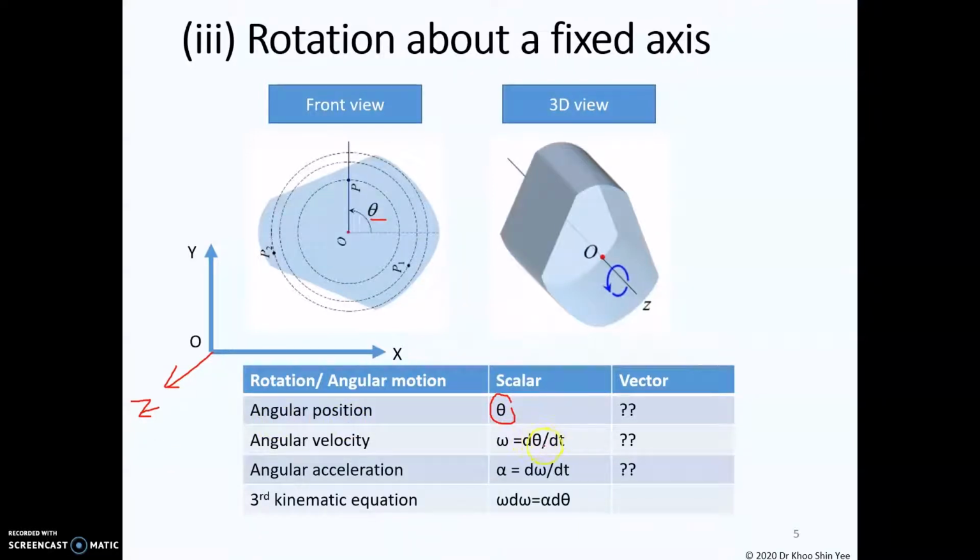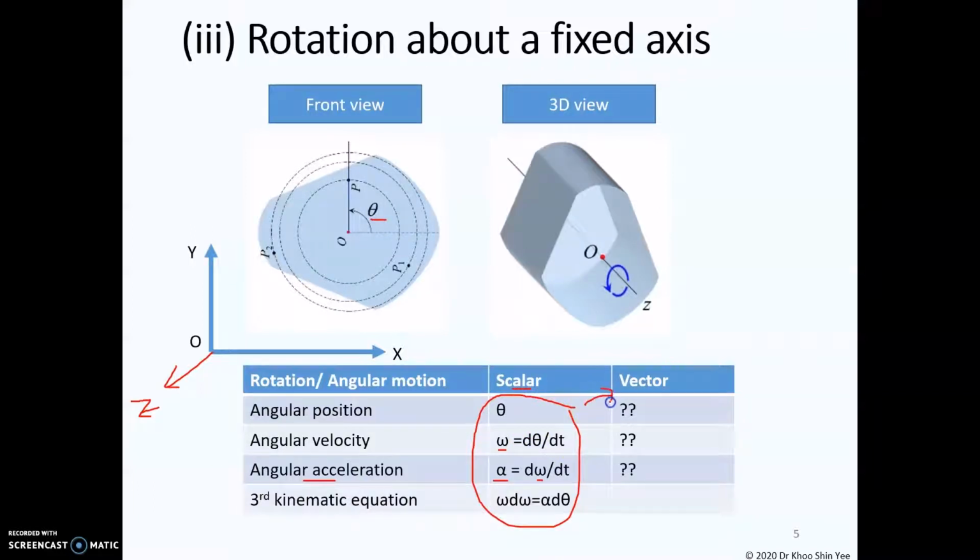Differentiate theta with respect to time, you obtain omega, which is the angular velocity. Then you differentiate the angular velocity with respect to time, you obtain alpha, which is the angular acceleration. So these are the formulas and symbols used when we perform the scalar analysis for the angular motion.